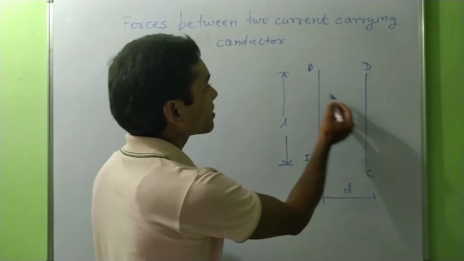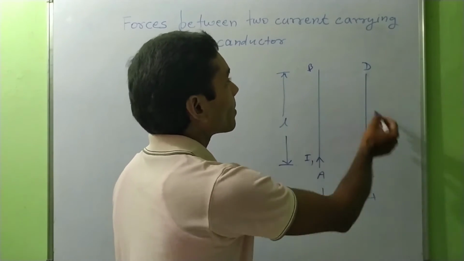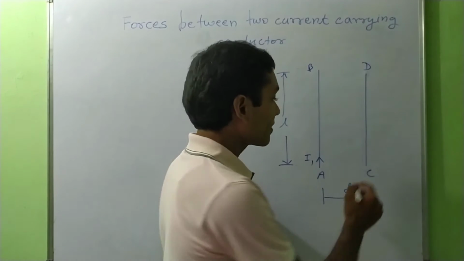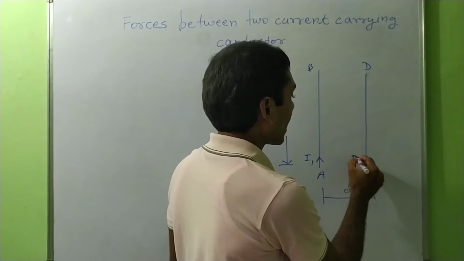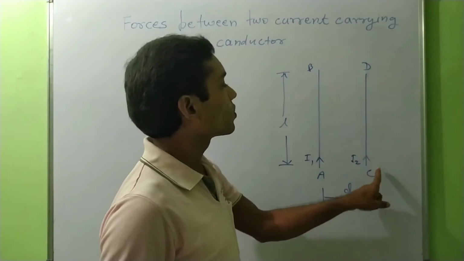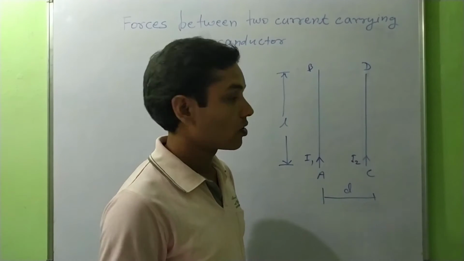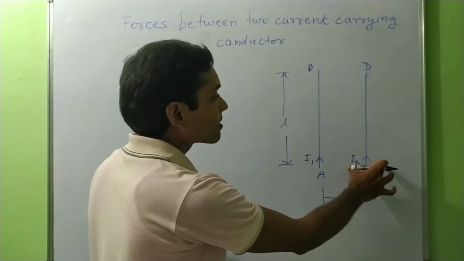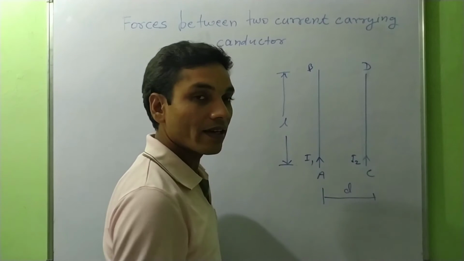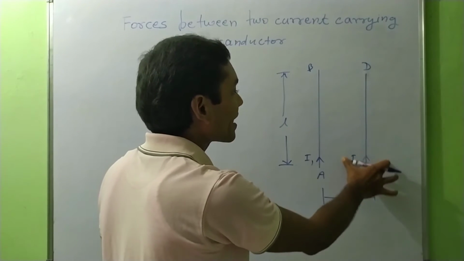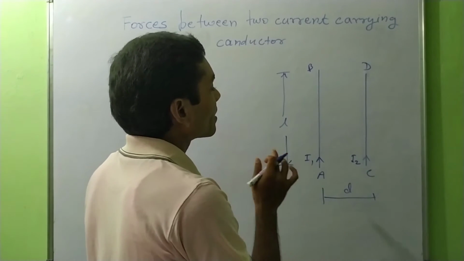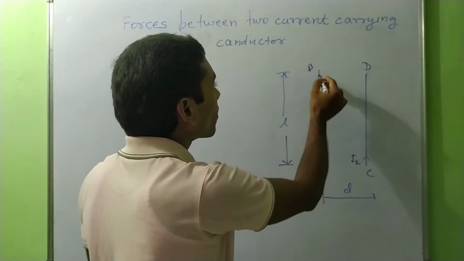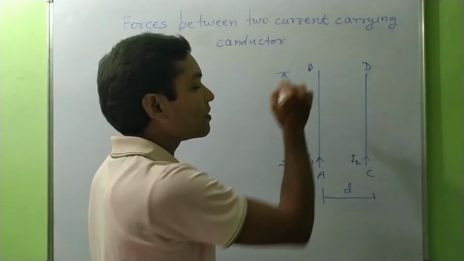Let the current I2 be made to flow through the conductor CD. So this current carrying conductor is placed in the magnetic field of conductor AB.